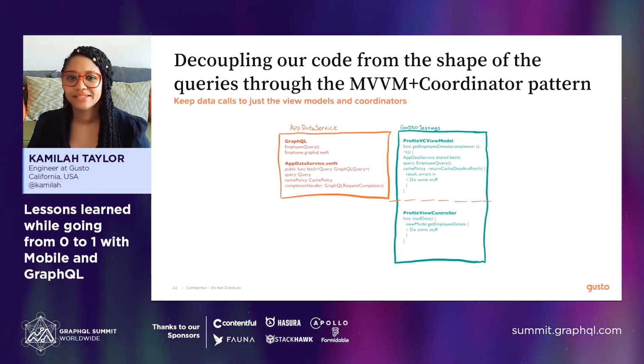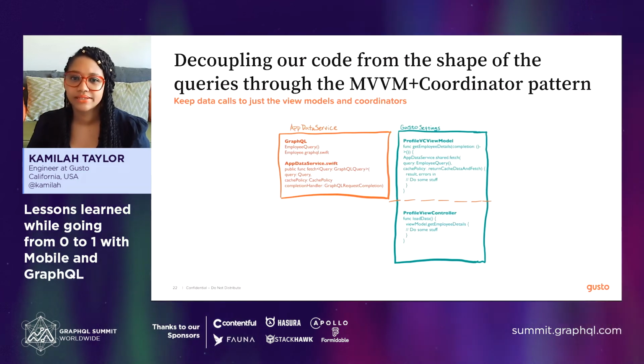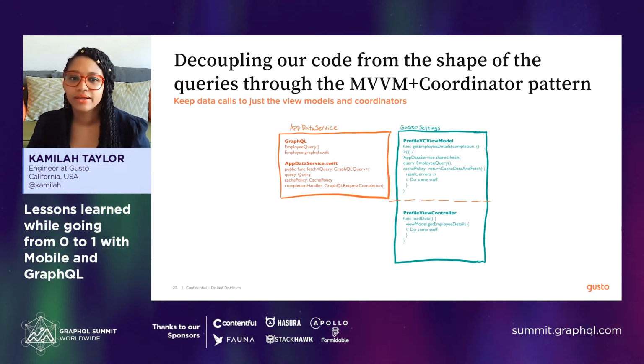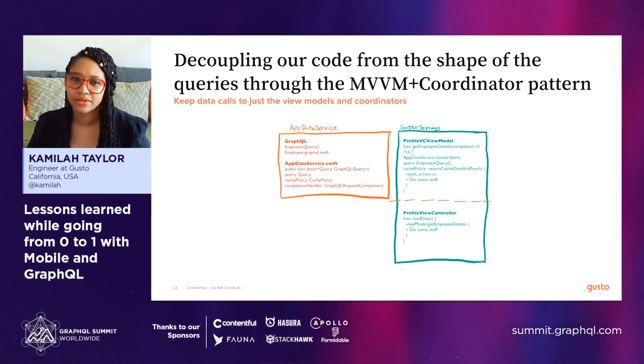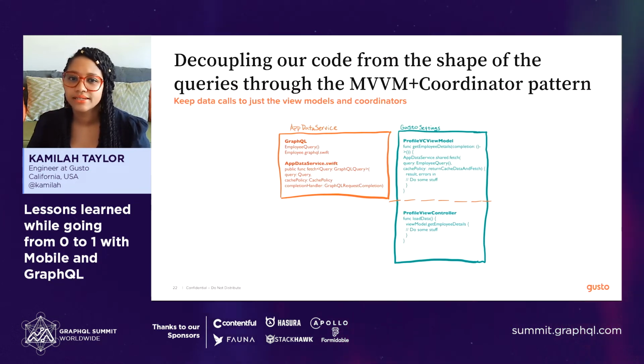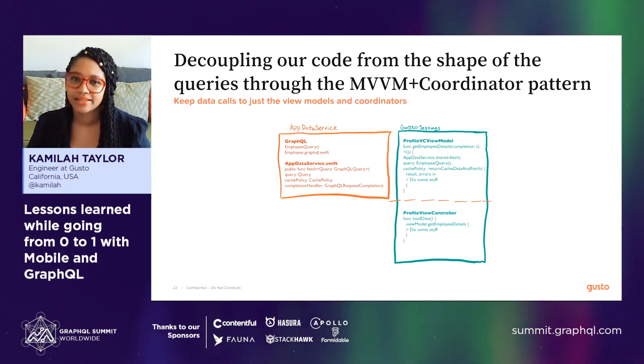Over in data service land, we define our queries such as employee query, have our generated models such as employee.graphql.swift, and our fetch method that obfuscates the Apollo client and also handles things like the cache policy.